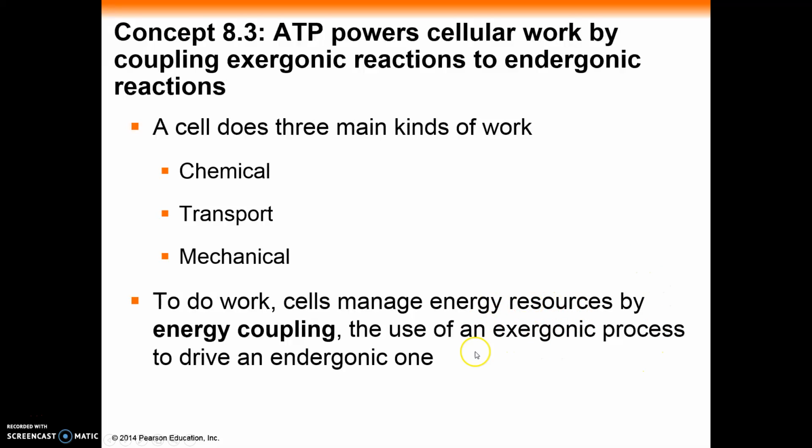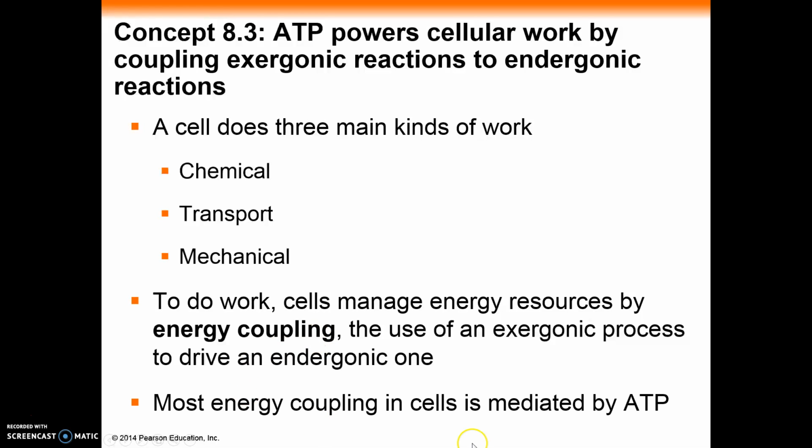So we essentially harvest some of the energy from this reaction, which has a negative delta G and is spontaneous, in order to make this one happen. And by far the most common is those mediated by the hydrolysis of ATP.